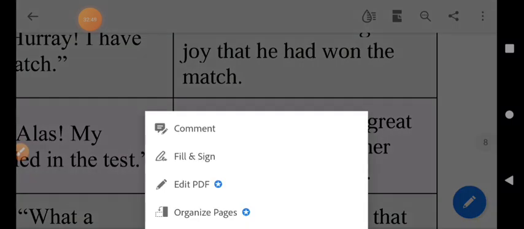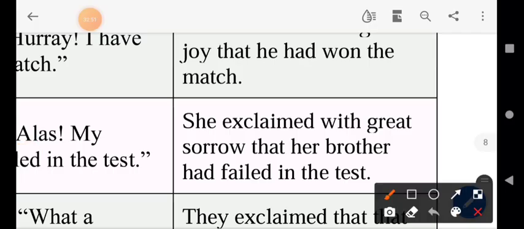What changes have taken place? "Said," the reporting verb, changes into exclaimed with great sorrow. It is the reporting part. And we should delete the exclamatory interjection and the inverted commas, the quotation marks. We change the exclamatory sentence into an assertive sentence and keep the full stop.